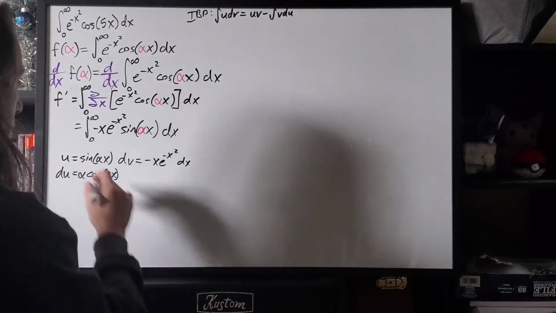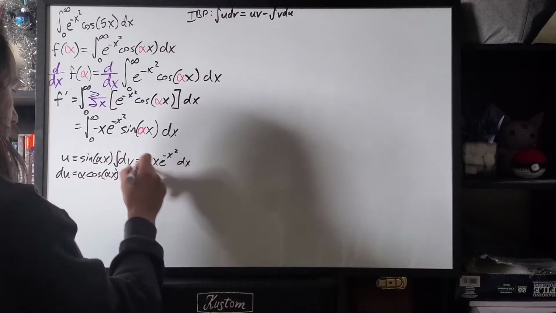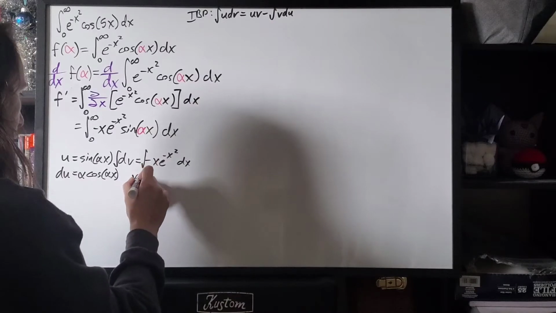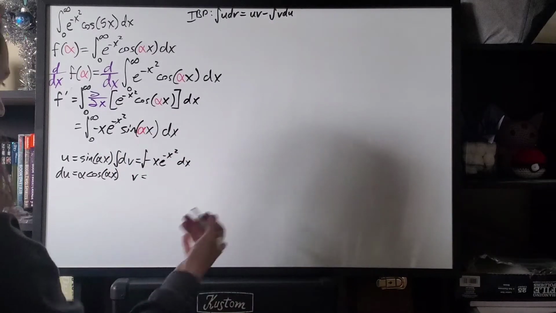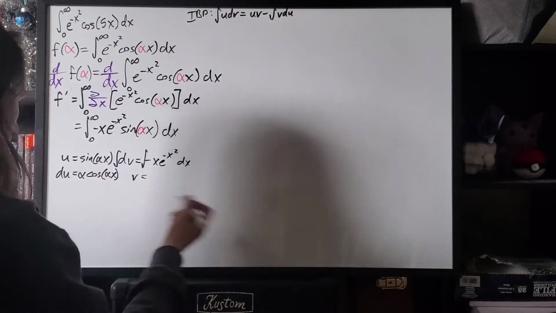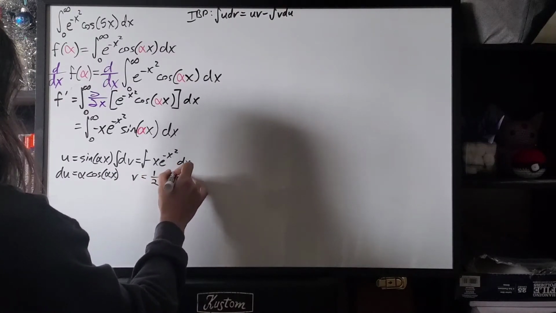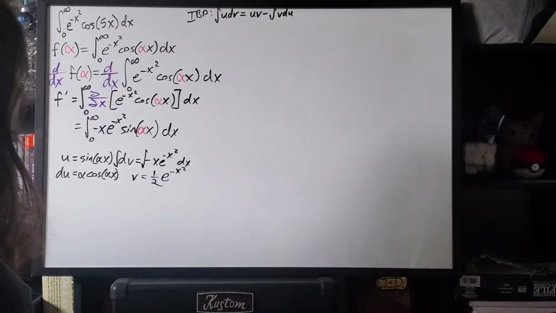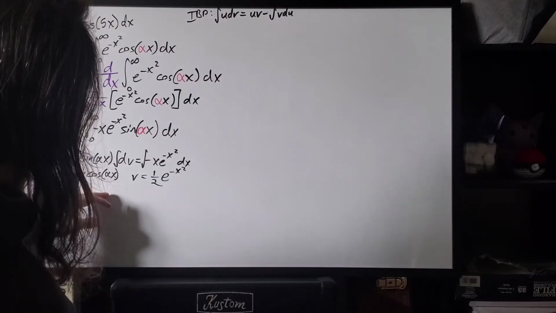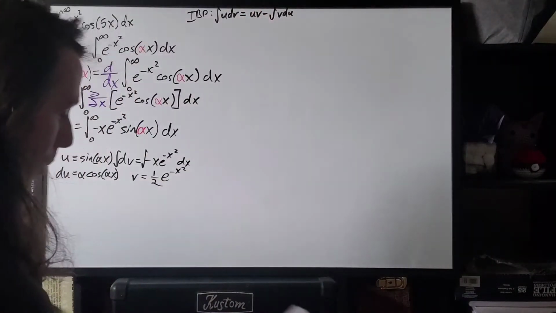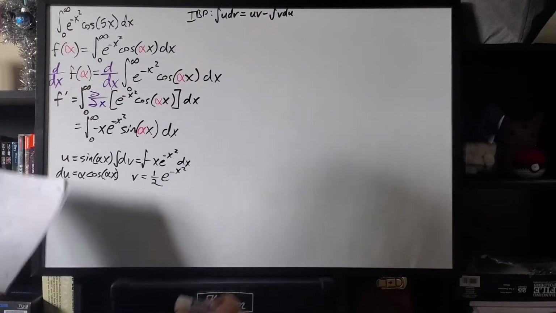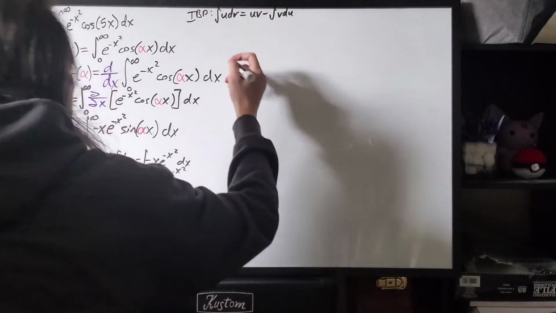So when we integrate both sides, we get v, as the integral of dv is v. The integral of this on the right side, just working in our head, we end up with 1/2 e to the negative x squared. So we take these values and plug them into our integration by parts. We get u times v.